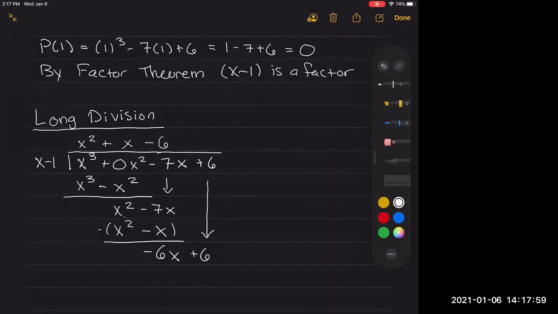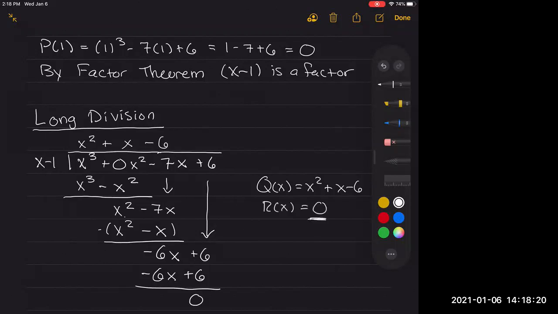And we multiply it through. And then when we subtract, we just get a 0. So this means that our q of x equals x squared plus x minus 6, and our remainder is just 0, which is what we knew it should be, because when we do our polynomial at 1, we get 0. So it made sense that it was a factor.